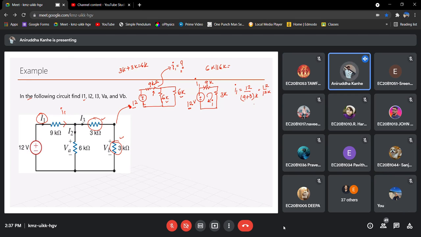What is that? 1 milliampere. So 1 milliampere is the total current flowing from this source. That means you now have I1, and you can use the current division.